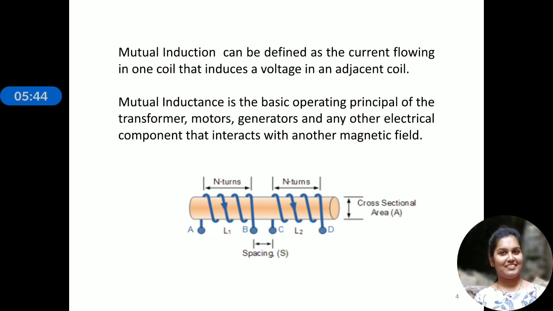But the point to be noted is that mutual inductance can also be a bad thing. It is called stray or leakage inductance from a coil and can interfere with the operation of another adjacent component by means of electromagnetic induction. Got the point? So not all the time is mutual inductance considered to be good.